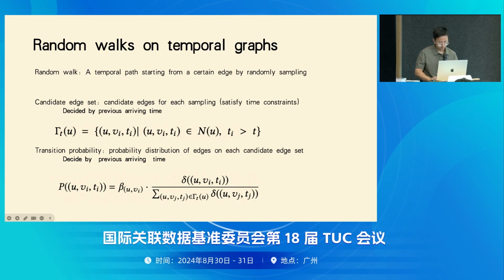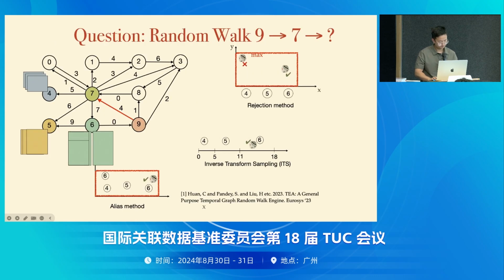Then the sampling of random walks follows the transition probability, which is the probability distribution over each candidate edge set. We can see that this is also decided by time, and the weight is exponential to the time instance.